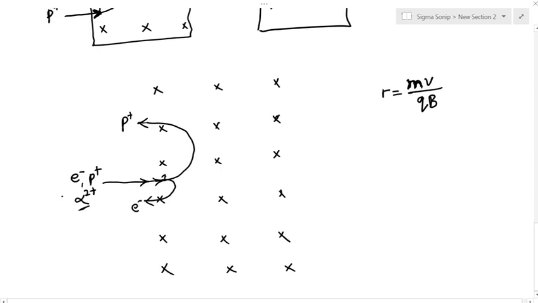It has a very huge mass, so the radius will be bigger, but the charge is also more, though only 2 times bigger. So effectively, when you take both into account, mass is 6 times and charge is 2 times, so the radius will still be bigger than the proton's, and the radius of the alpha particle will be like this.